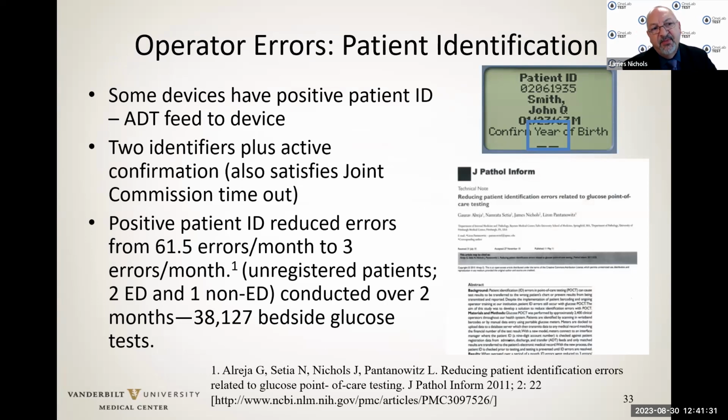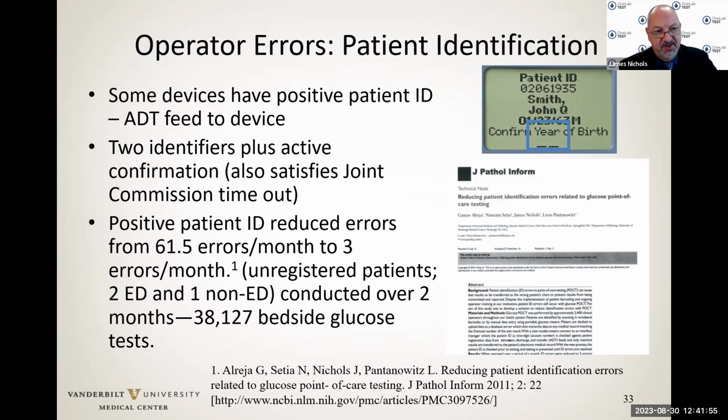This works from the admissions, discharge, transfer information on the patient or from their appointment scheduling, where when you input the patient's ID number, it will pop up and ask for a second form of identification, a confirmation like birth date, to cross with that information.